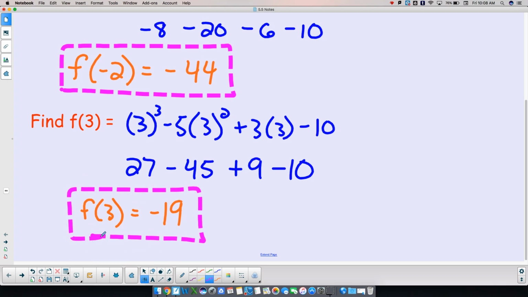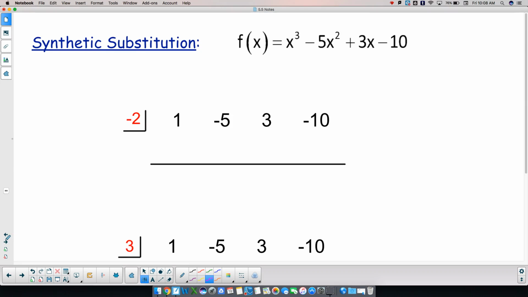Okay? Beautiful. So, out there, there's something called synthetic substitution. It's an easier way to substitute the value in. So, same function, same values.